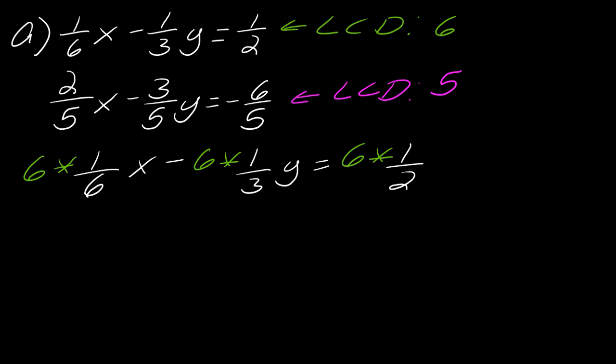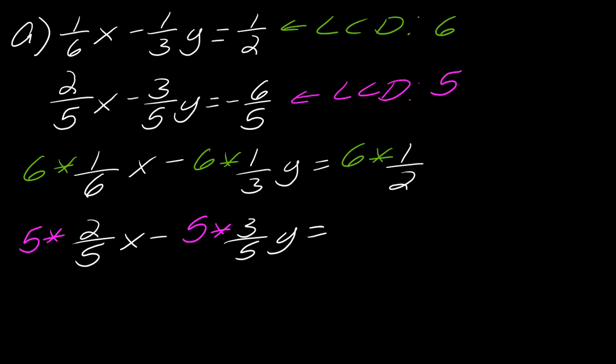So I'll have 5 times 2/5 x minus 5 times 3/5 y equals 5 times negative 6/5. Okay, so now that we've set this up, we can start to clear out the fractions.